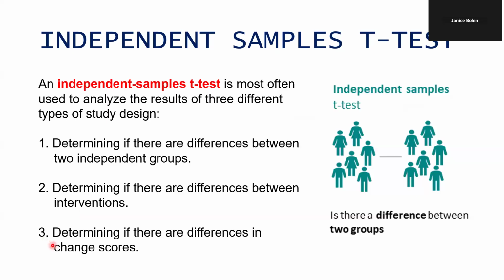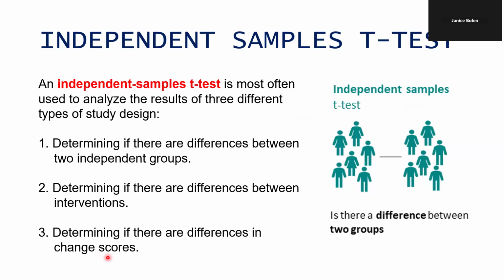Another design is that you would want to determine if there are differences in the change scores. Say, for example, I have group A wherein I'm going to give them a pre-test and a post-test. The same with group B, the same pre-test and post-test will be provided. How do I compute the change scores?